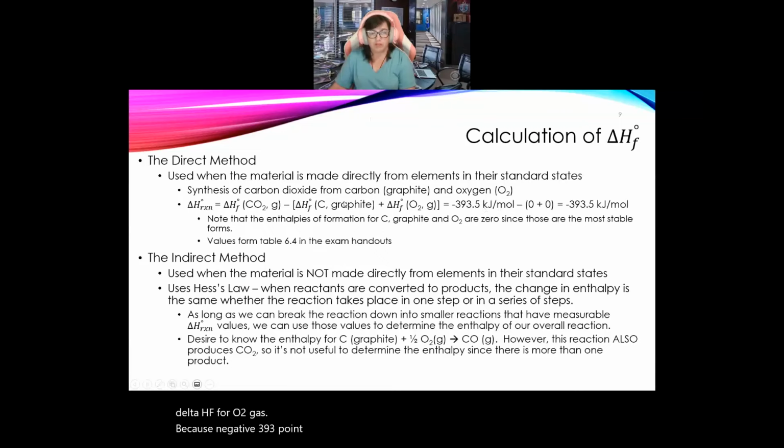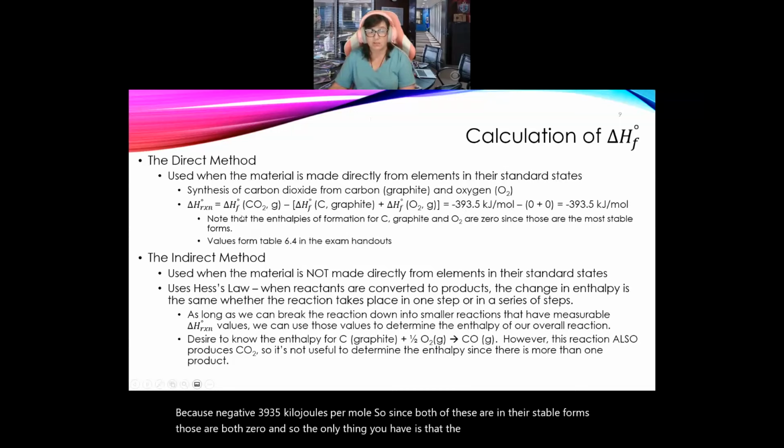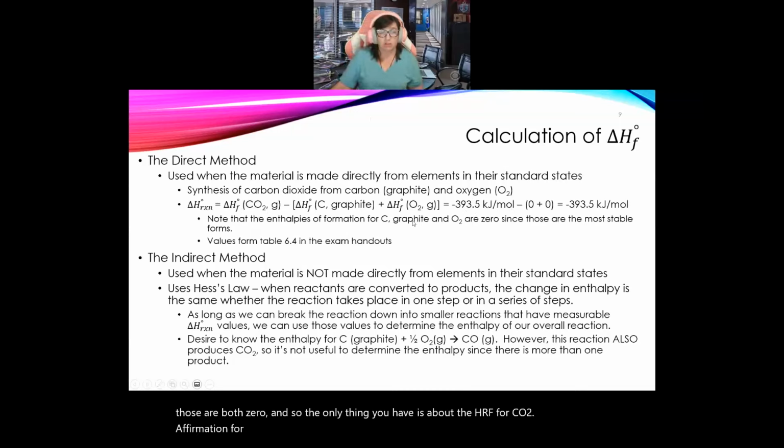Since both of these are in their stable forms, those are both 0, and so the only thing you have is the delta H naught F for CO2. Note that the enthalpies of formation for C graphite and O2 are 0, since those are the most stable form. Those values are in table 6.4 in your exam handouts.